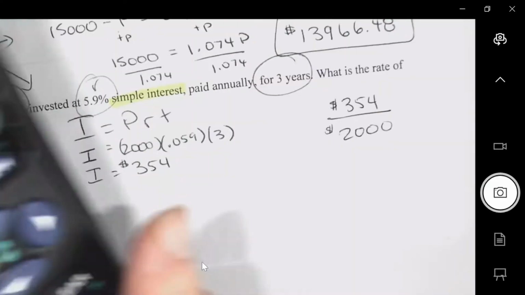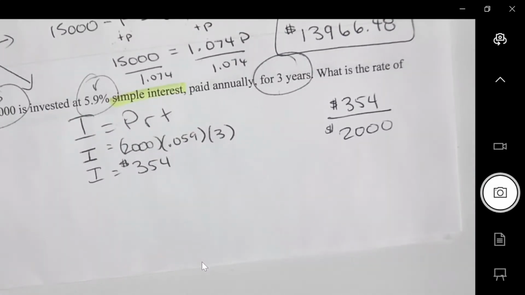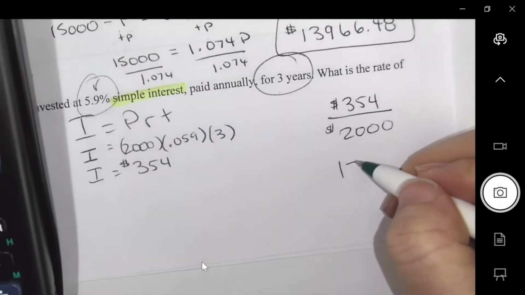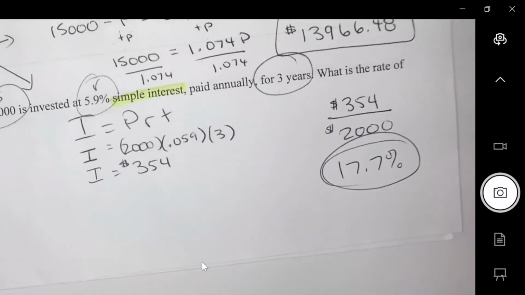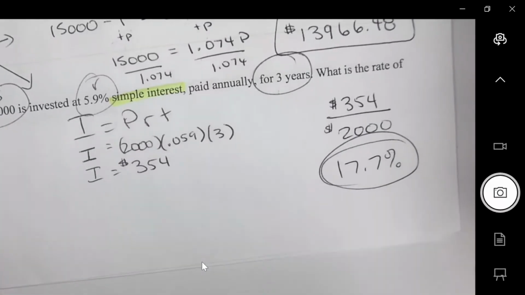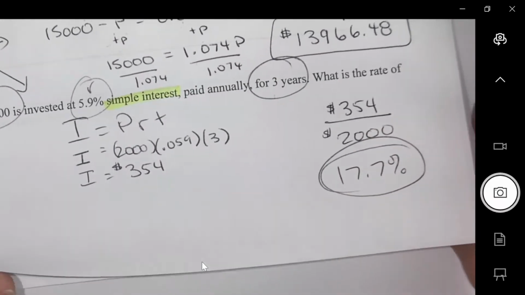Okay, so divide that. And when you do that, you need to represent it as a percentage, not the decimal that you get. So make sure to move that. So rate of return is always a percent return.